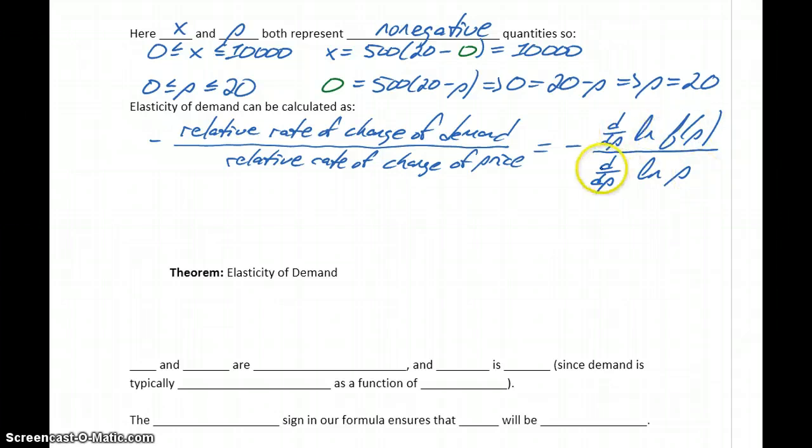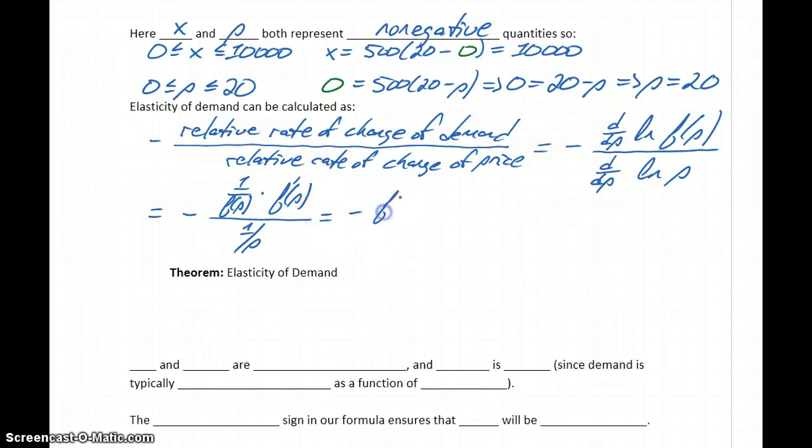So differentiating the numerator and denominator separately, we get negative 1 over f of P. And since this is an iteration of the chain rule, we've got a composite function here. We get 1 over f of P times the derivative of f of P, all over 1 over P. So a little bit of algebraic simplification.